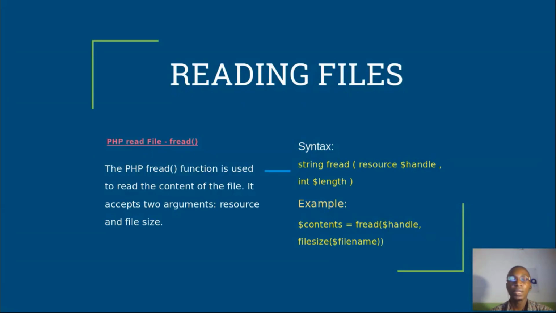Meaning that when you use fread, it reads the content of the file and returns the content as a string. This is the syntax. You have fread, then the handle, and the length. The handle refers to the variable that you use to store the file when you open it. Right, an example, you have something like this. We'll actually get into this.